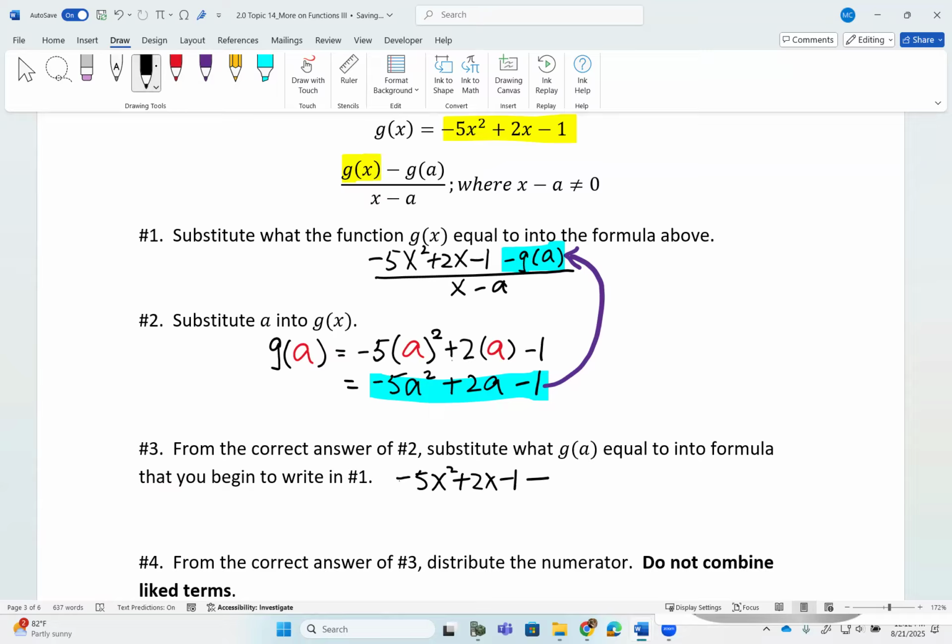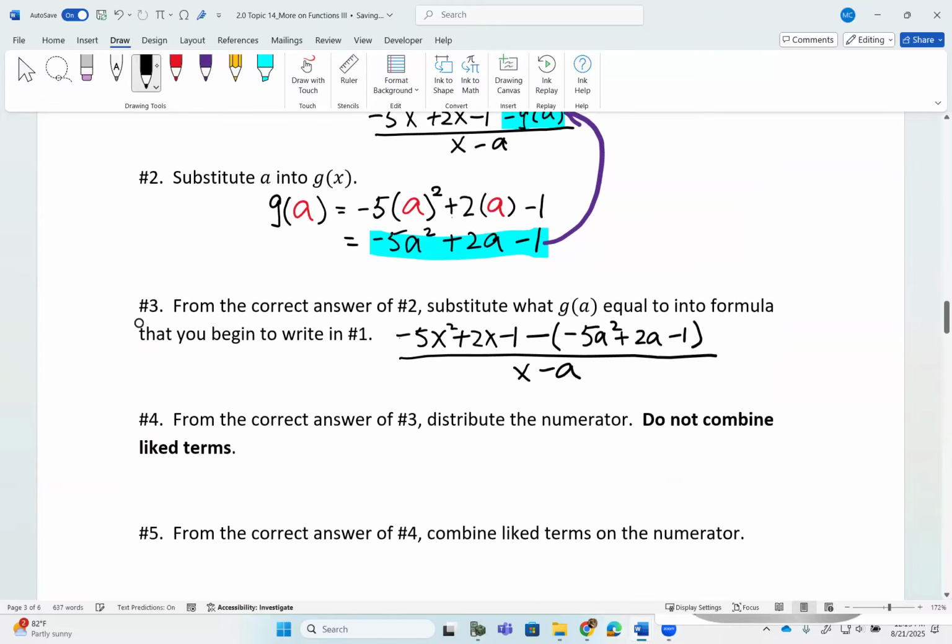Now I will minus g of a. G of a is 3 terms representing 1 g of a, so I will put those 3 terms in parentheses. So let's substitute g of a: negative 5a squared plus 2a minus 1. All right, the whole thing is still over x minus a.